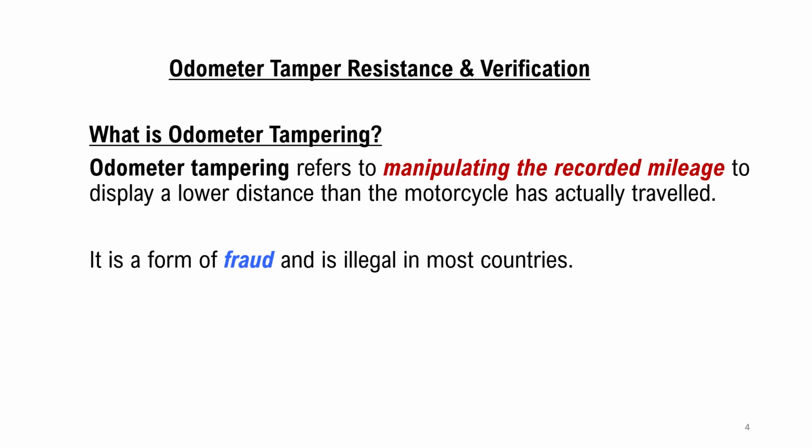What is odometer tampering? Odometer tampering refers to manipulating the recorded mileage to display a lower distance than the motorcycle has actually traveled. It is a form of fraud and, of course, illegal in most countries.